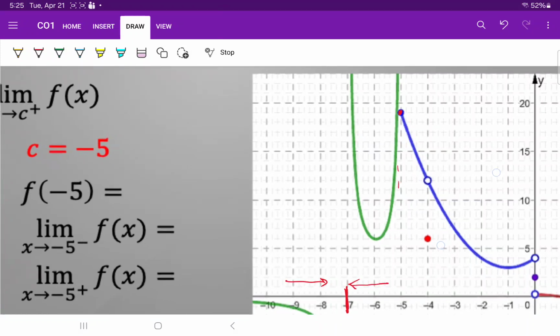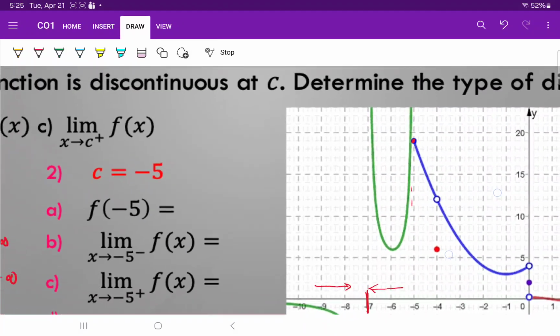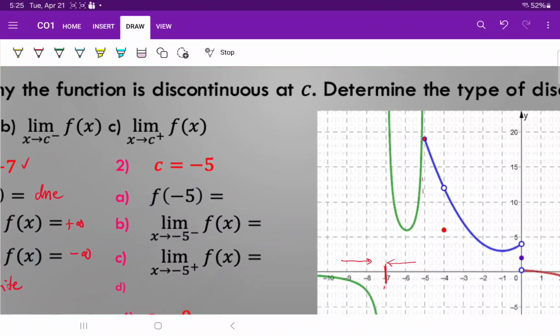Right? But if you're going to look at the green graph, as you approach negative 5, the result is infinite. Okay, so f of negative 5 may or may not exist. It can be that it does not exist, or if you approximate, probably it could also be 19.